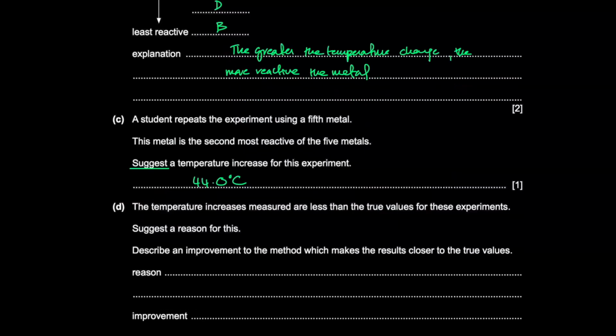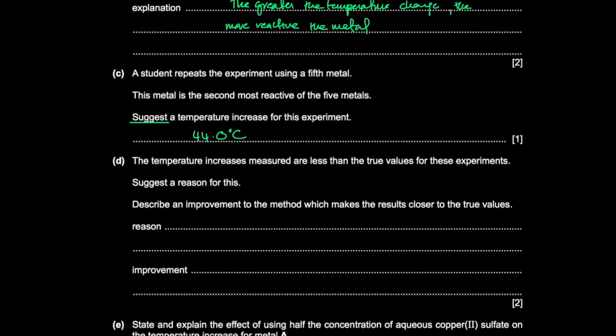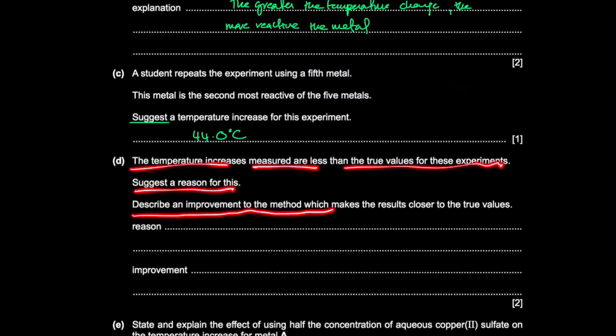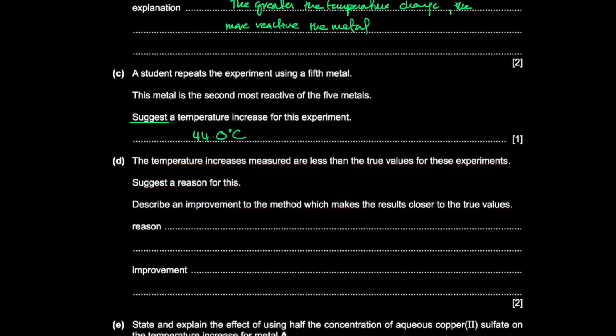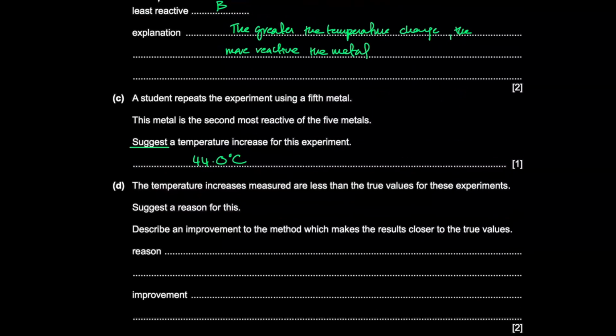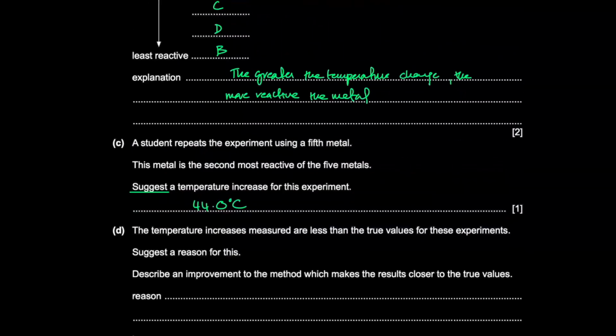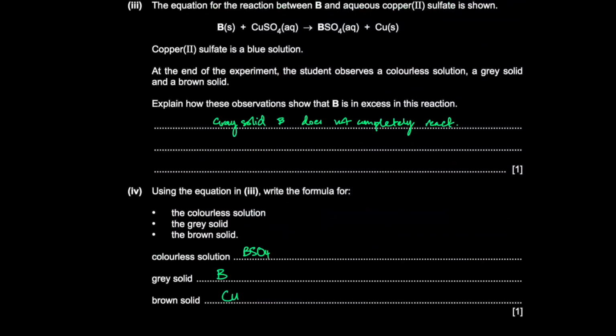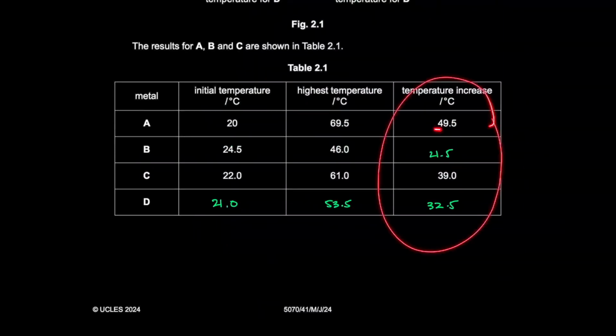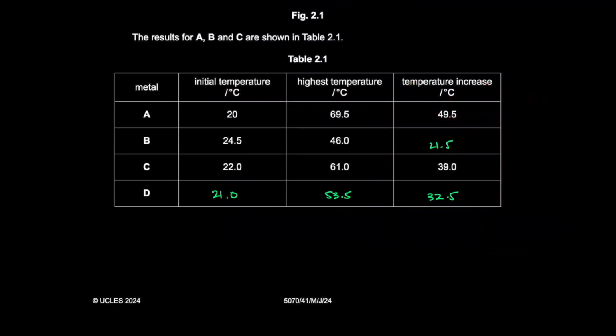The temperature increases measured are less than the true values for these experiments. Suggest a reason for this and describe an improvement to the method which makes the results closer to the true values. So if the temperature increases are lesser than they should be, the question is saying that instead of 49.5 they should be say 51 or 52, it should be bigger. Why?